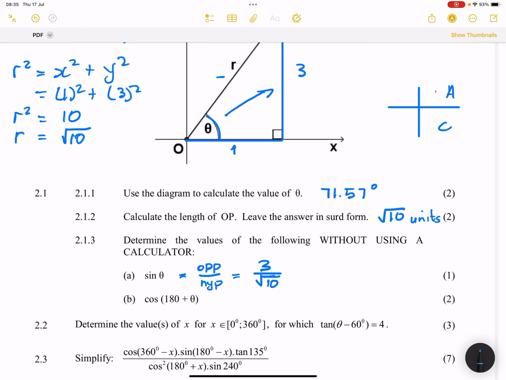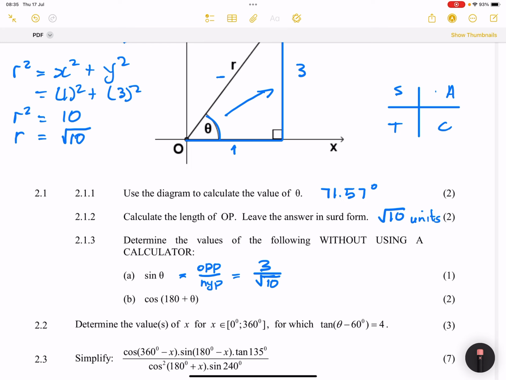We know all of them are positive in the first quadrant. Sine is positive in the second quadrant. Only tan is positive in the third quadrant, and then cos is positive in the fourth quadrant. Now, in this case, cos of 180 plus.